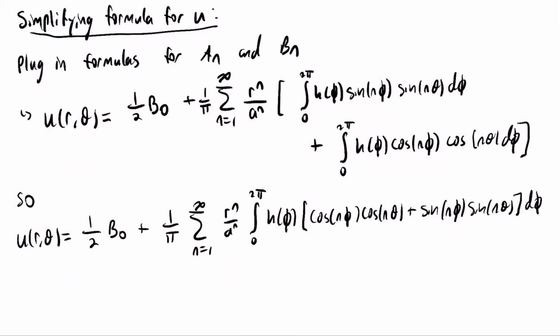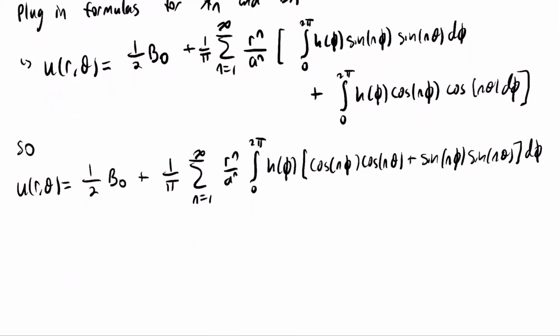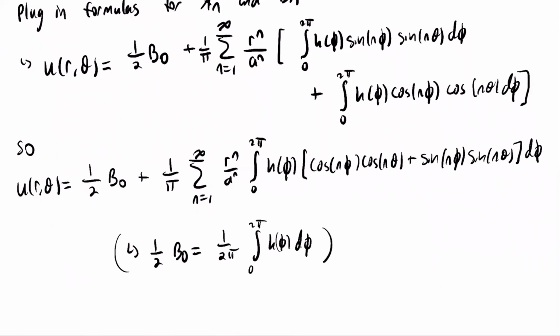What I'm going to do now is bring this constant term into this domain. I can do this in the following way. Remember that 1/2 times b_0 is given by 1 over 2π times the integral of just h(φ) dφ on this domain from 0 to 2π, using our formula for the cosine Fourier coefficient.